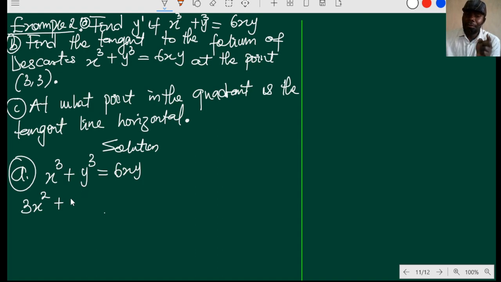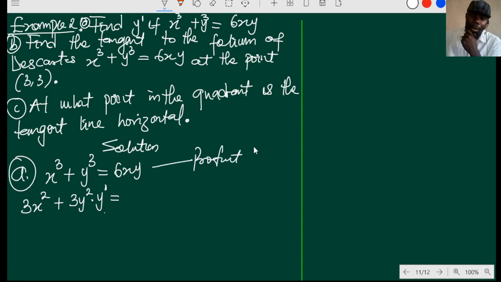Recall, this one will also give you 3y squared, but because it's y and we are differentiating with respect to x, you must obey the chain rule, times y1. Y1 means dy/dx. In differentiating the right side, what do you observe? You observe a product rule.